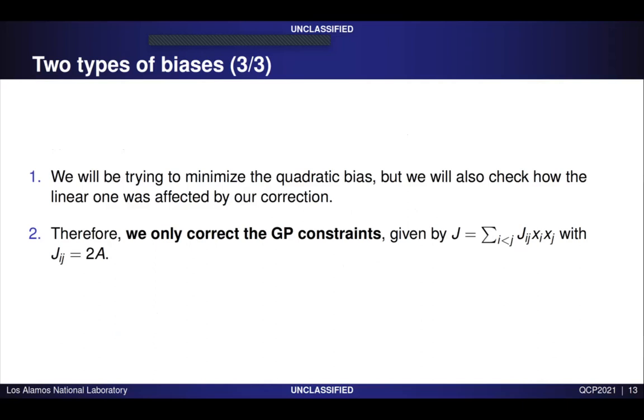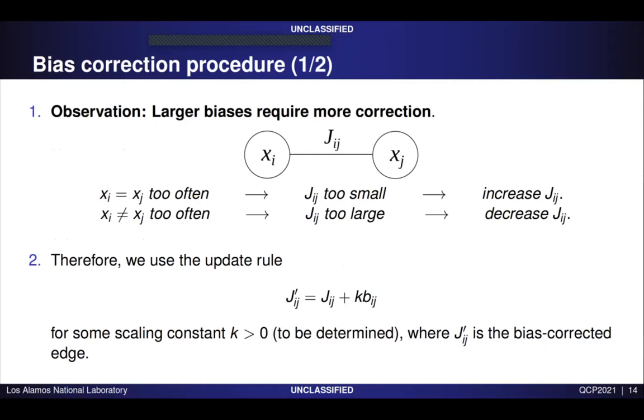The iterative algorithm works by correcting the graph partitioning constraints. Those constraints are enforcing balanced sets in the samples we get. If a pair of variables, xi and xj, appear in the same partition very often, then increasing the quadratic weight, J sub ij, will penalize those two variables sharing the same partition, thus correcting that bias.